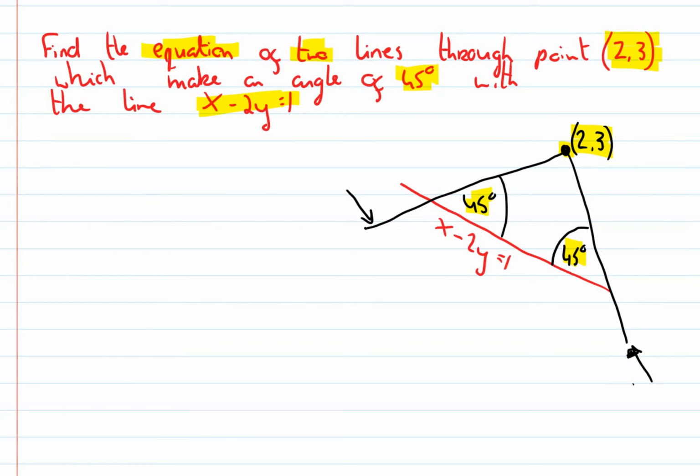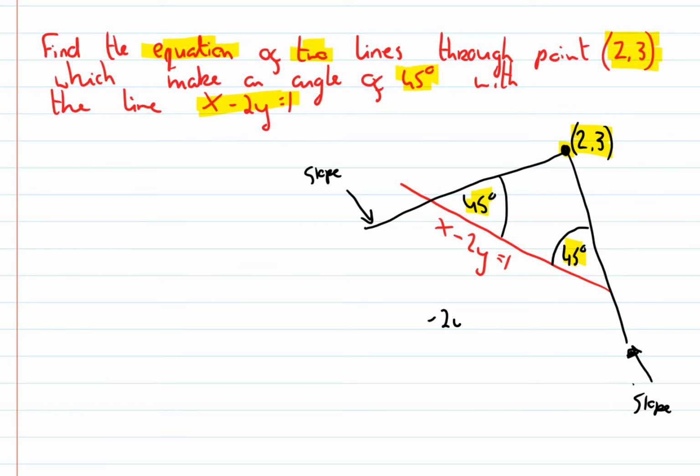So to find the equation, we need a point on a line. We have it here. Both lines pass through that point, so that point is on both lines. And we need the slope. We don't have the slope. The only thing is, we do have the slope of this red line, or we can find it easily.